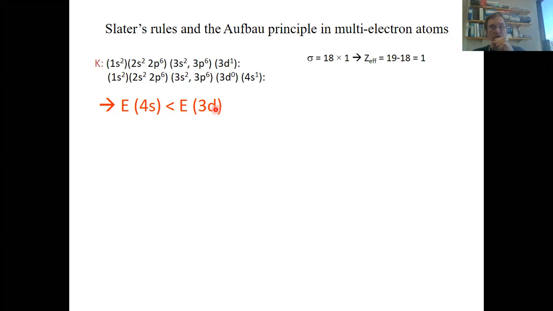So let's just do this for the two cases. For the first case, the effective nuclear charge on that 3d electron is 1.